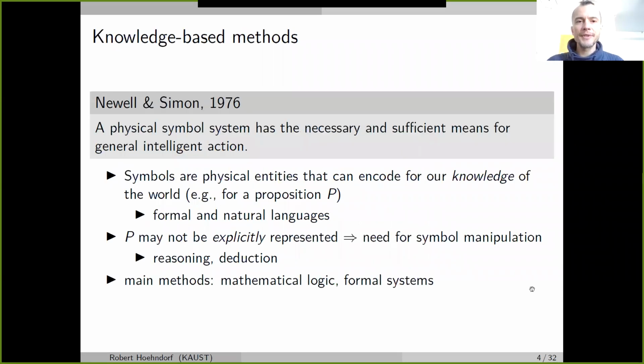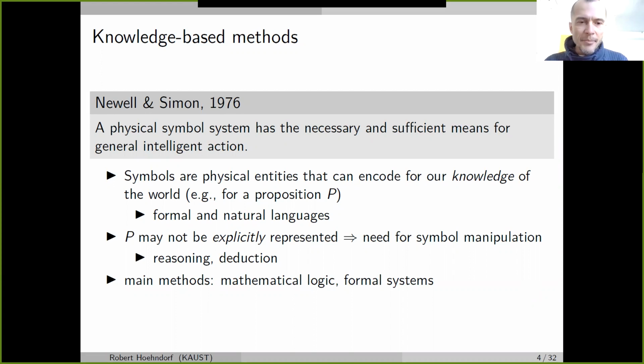And for this, we go back quite a long time in AI history to the physical symbol system hypothesis proposed by Newell and Simon, where this hypothesis states that physical symbol systems have the necessary and sufficient means for general intelligent action, and therefore form the foundation of artificial intelligence.